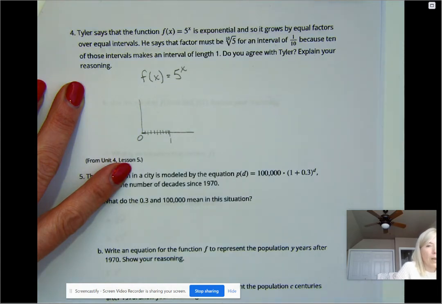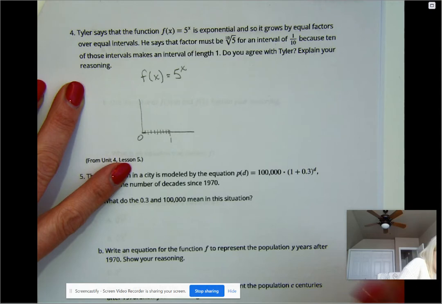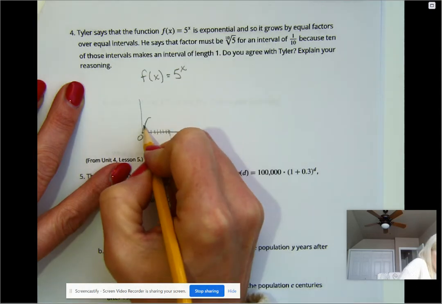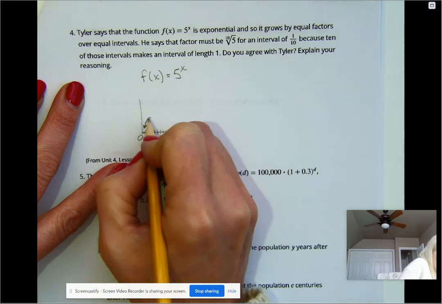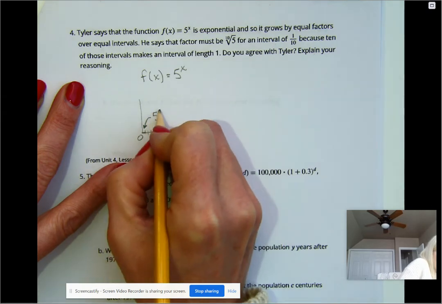So I would say the factor for this tiny little interval, if the whole thing is a factor of 5, would be 5 to the 1/10.